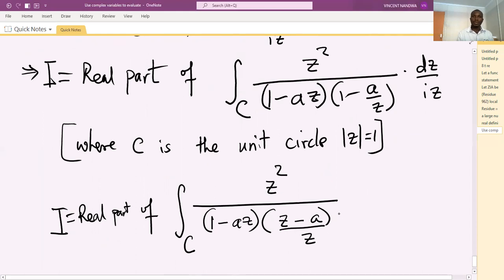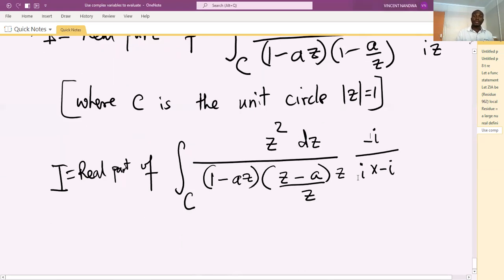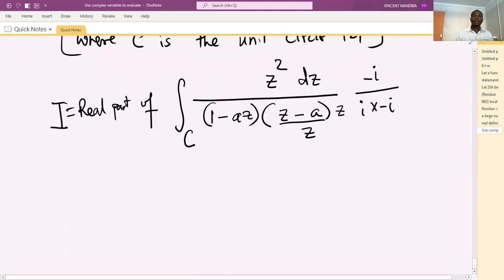Then I can multiply this one by z. I put here the z, and because I have an i here, I multiply by negative i, so that i times negative i is 1, and I'll have I be the real part of this contour integral.